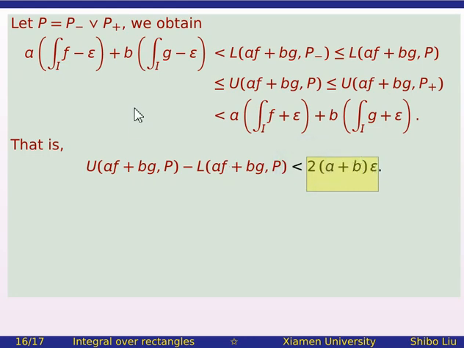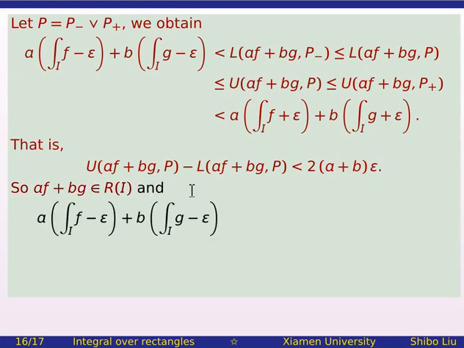So this means for any positive epsilon, you can find a partition of the rectangle I such that the difference of the upper sum and the lower sum of the linear combination with respect to the partition P is controlled by a small number. Okay, so this proves that the linear combination is integrable.